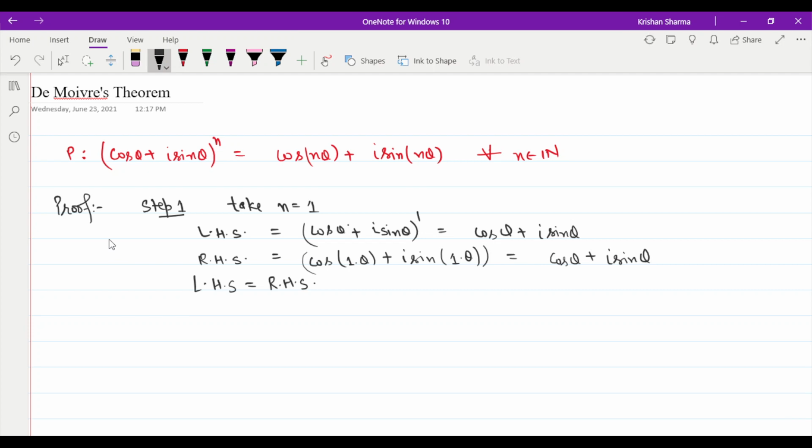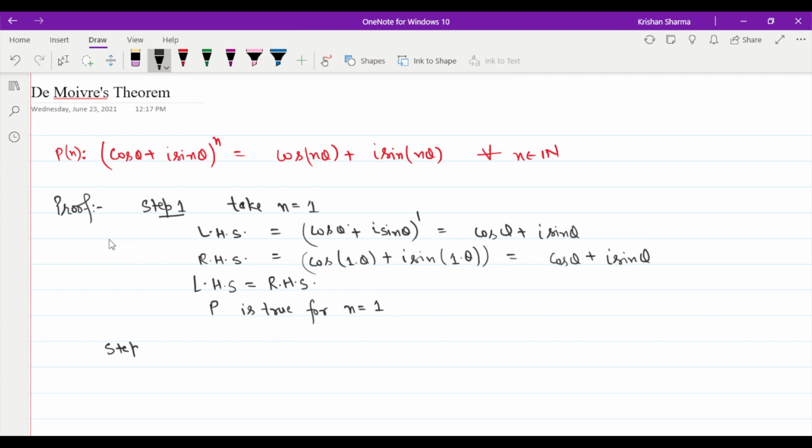Hence we can say that the statement P is true for n equal to 1. You can call this statement Pn also, to denote that this is the statement for n equal to n.